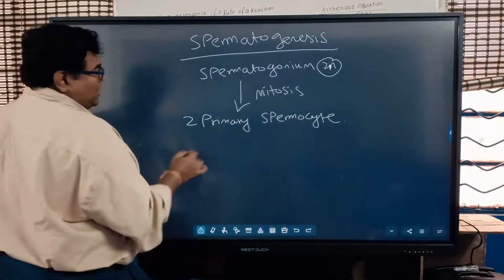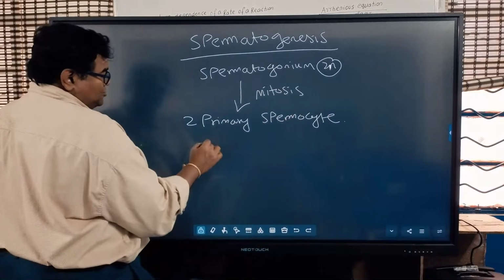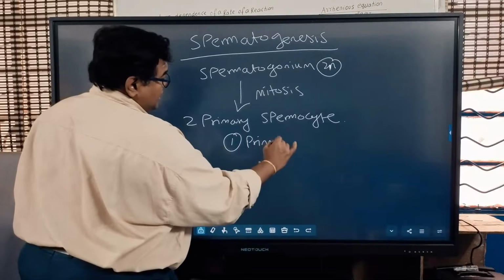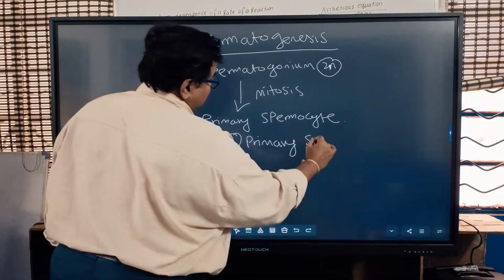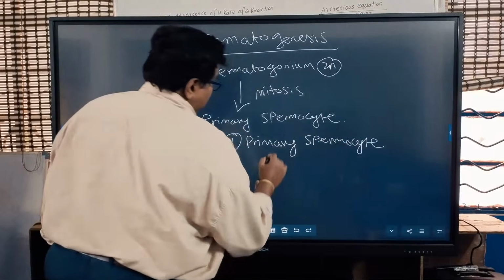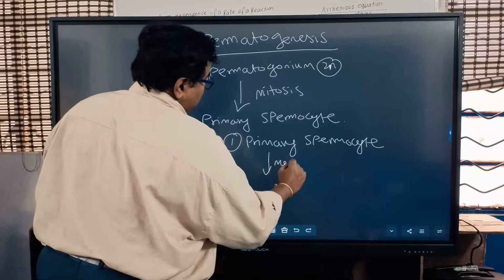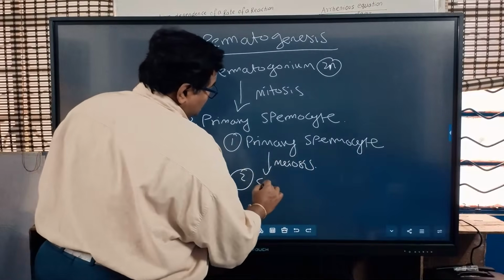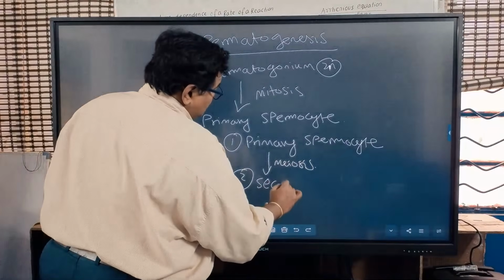I am now taking only 1 primary spermatocyte for calculation, and taking it into the meiosis process. Because of meiosis 1, you are getting 2 secondary spermatocytes.